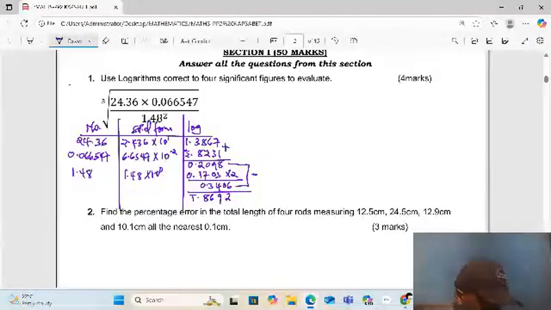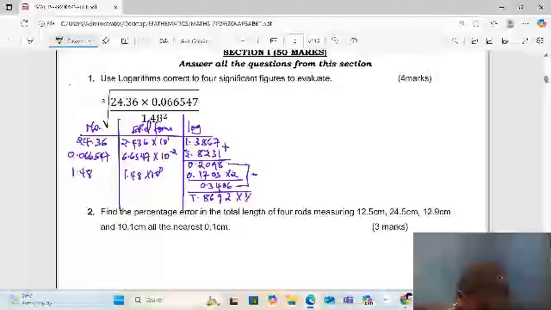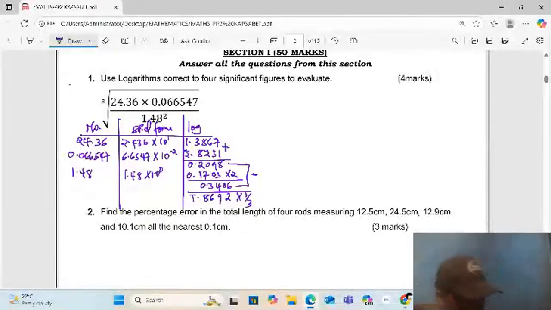Now we have that cube root. For us to deal with the cube root, we simply divide by 3 or we multiply by a third. So when we multiply by a third, this is what we're going to get.